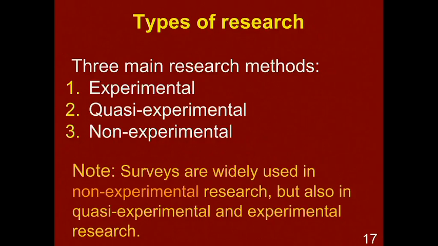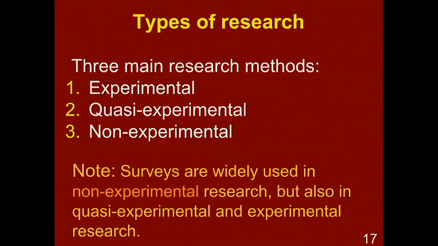Okay, so we're using science to conduct research, to test ideas. Broadly speaking, there are three main types of research methods, which I'm guessing Janie probably pointed out to you in second year: experimental research, quasi-experimental research, and non-experimental research.